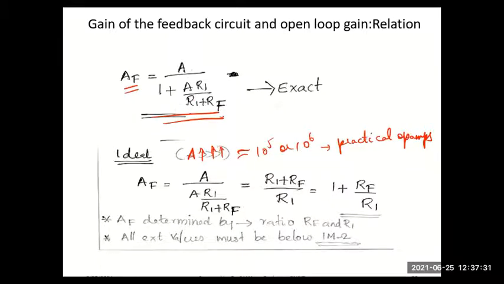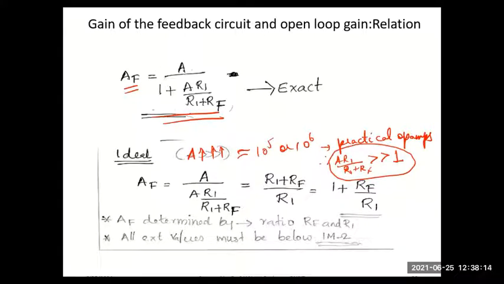So you can clearly see this second term, that is A R1 by R1 plus RF, can be considered to be much, much greater than the first term 1. Even if R1 by R1 plus RF is less than 1, say 0.2, 0.3, whatever, this sufficiently large gain will result in a very huge value of this second term compared to the first term.